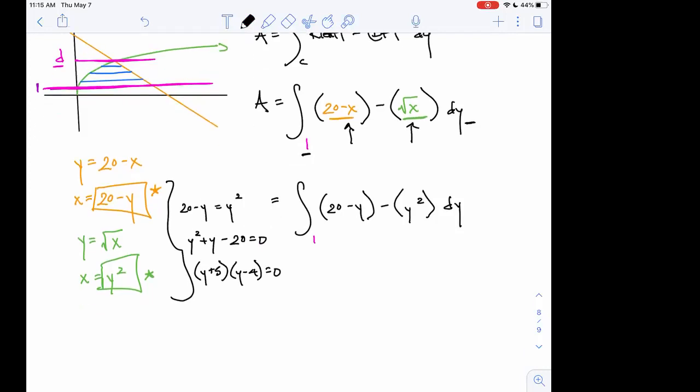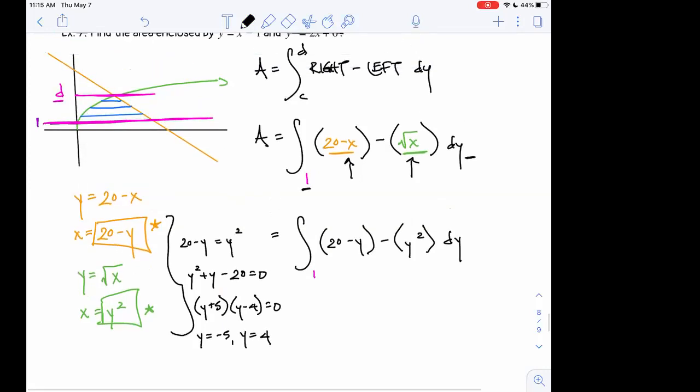Now I think we would agree these numbers are way nicer than when we had to factor the x squared minus 41x plus 400. These are so much smaller and much easier to do quickly. This tells us that y can equal -5 or y can equal 4. So which one of those numbers is most reasonable to say D is equal to?